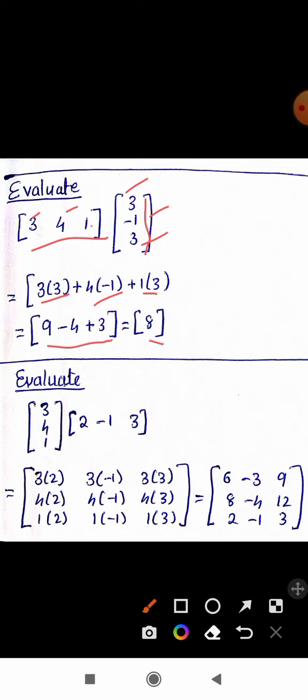So the above matrix is of order 1 by 3, and the second matrix is of order 3 by 1. Hence we will get the matrix of order 1 by 1.